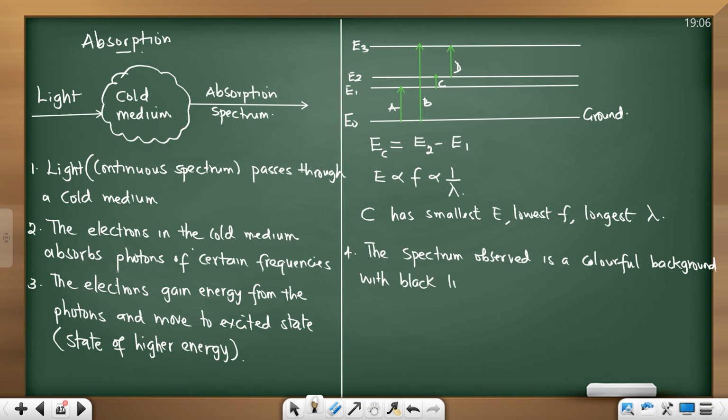The black lines show the place of the missing photon, because black is not a color. Black is the absence of color. So the photon that was responsible for that color has been taken out.